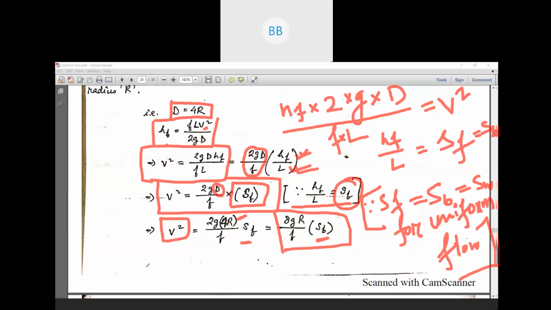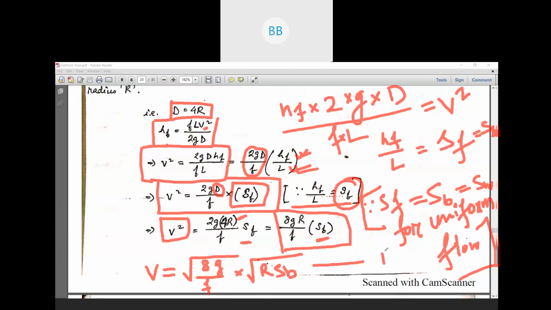The next line you can write here, V is equal to, definitely this is V square, okay. So V is equal to root over 8g divided by f, and then we have separated this thing, okay, R by SB.